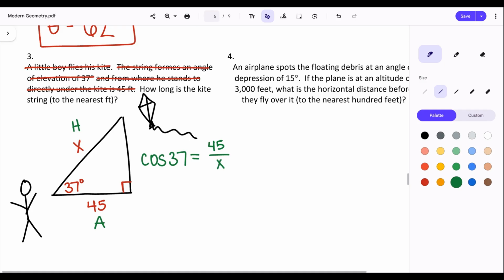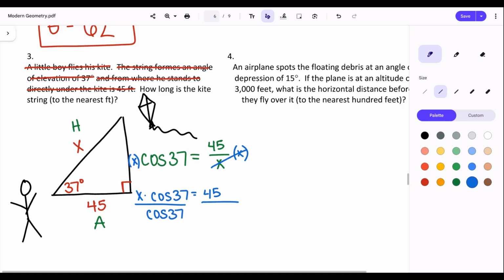Good. Now, we've seen problems like this before. How do we solve for the x? Okay, and then what do you have to do? Okay, you have to divide both sides by the cosine of 37.